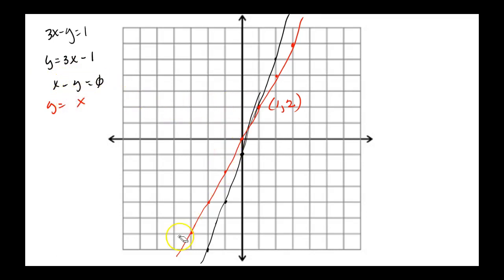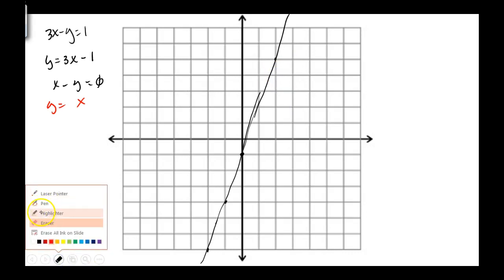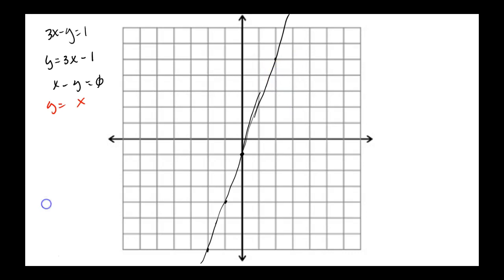That changes everything red. This is 3x minus y is equal to 0, so y is equal to 3x. How would you graph this one?